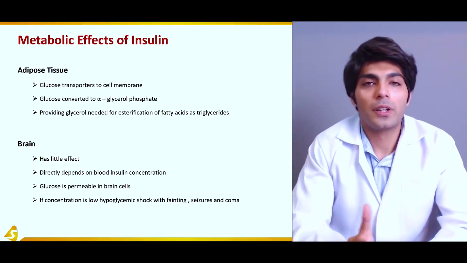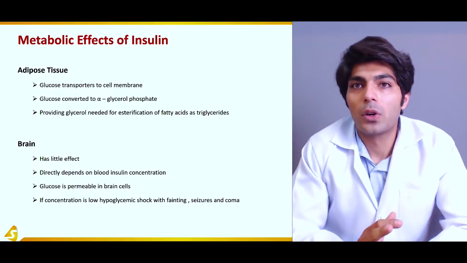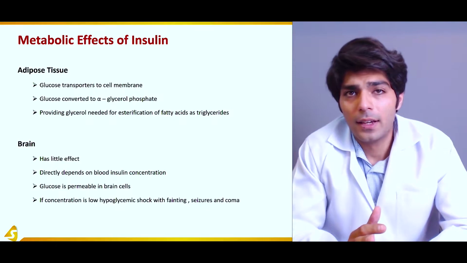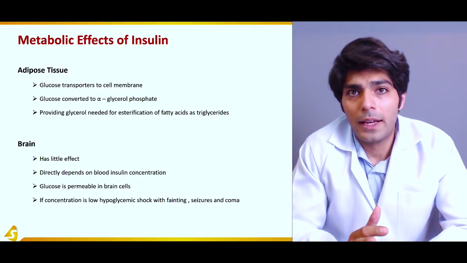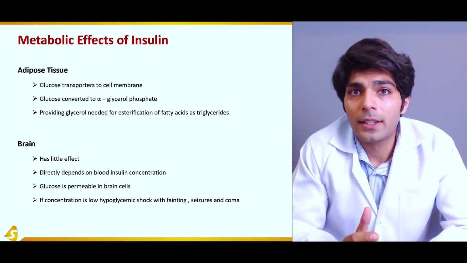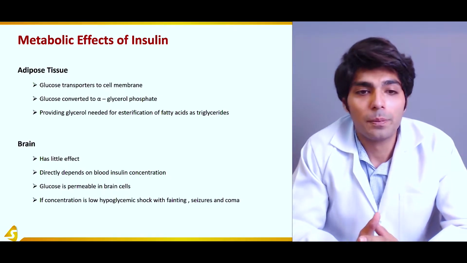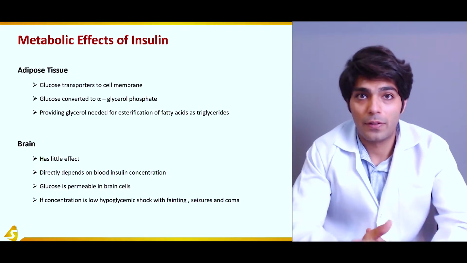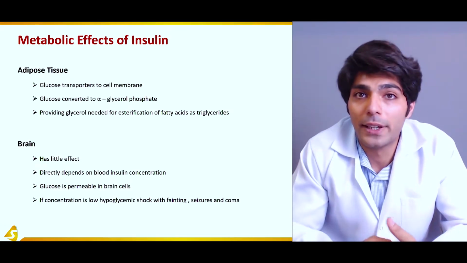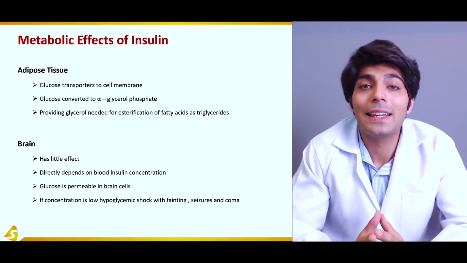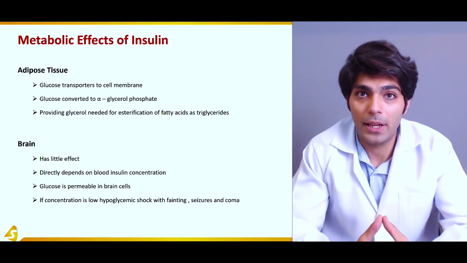So we came to realize that insulin has a lipogenesis effect, and plus it inhibits lipolysis. So there's a formation of fatty acids, there is no oxidation of fatty acids, and there is no formation of ketones. So it is anti-ketogenic at the same time.